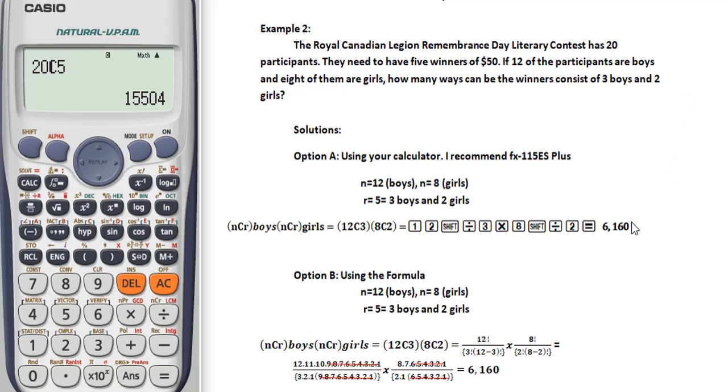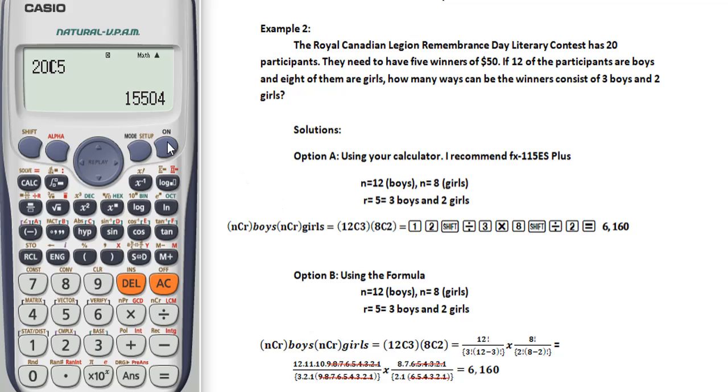So using the formula, it's nCr of the boys times nCr of the girls. That gives us 12C3, meaning there are 12 boys and we choose 3 of them to be winners, and 8C2, meaning there are 8 girls and we only choose 2 of them to be winners.